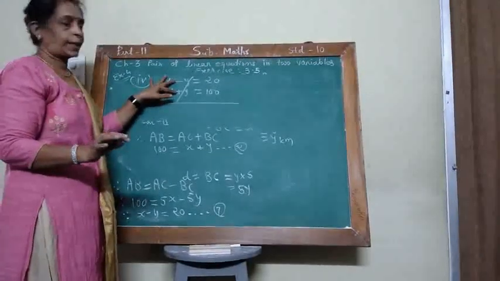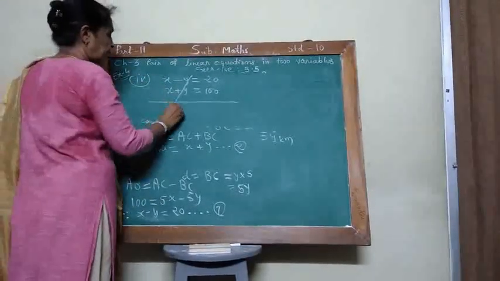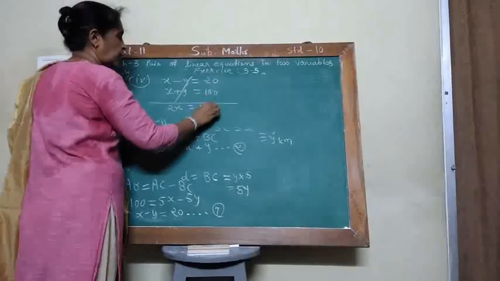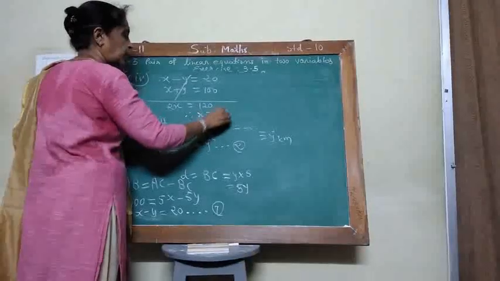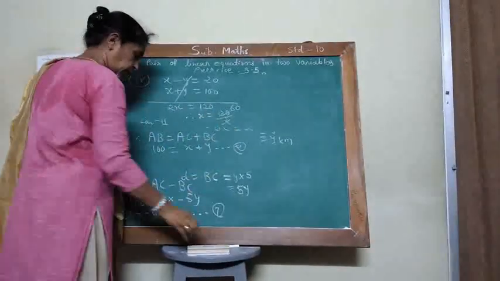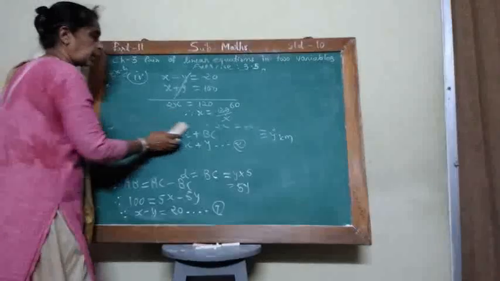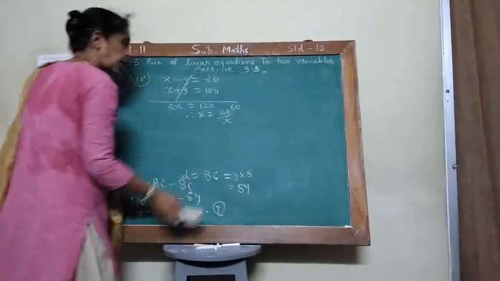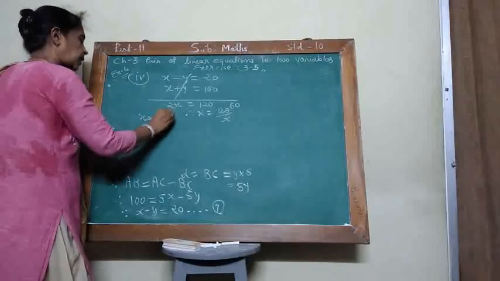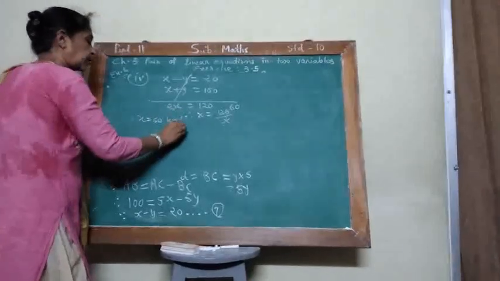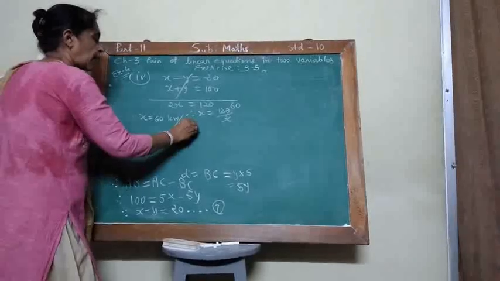So x plus x is 2x is equal to 120. Therefore x is equal to 120 upon 2, so x equal to 60. X is 60 kilometer per hour, the speed of car 1.